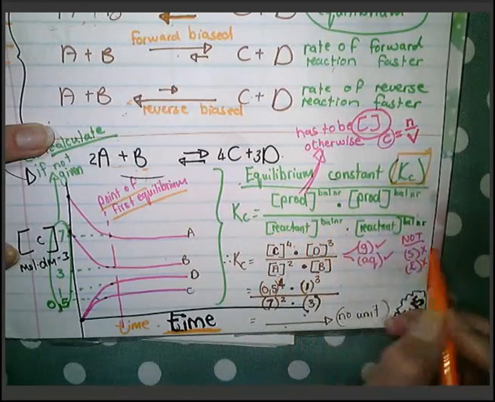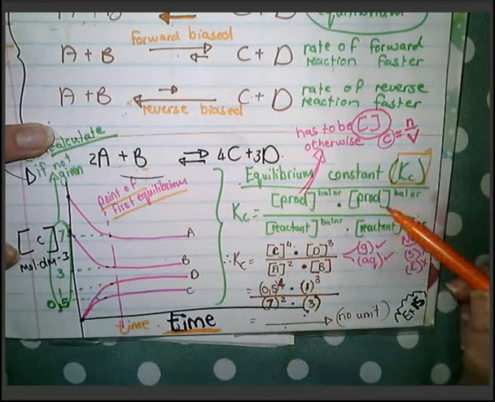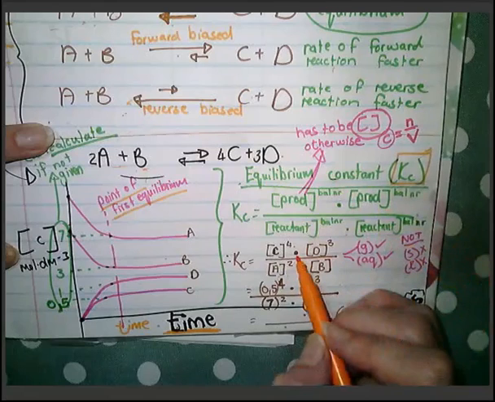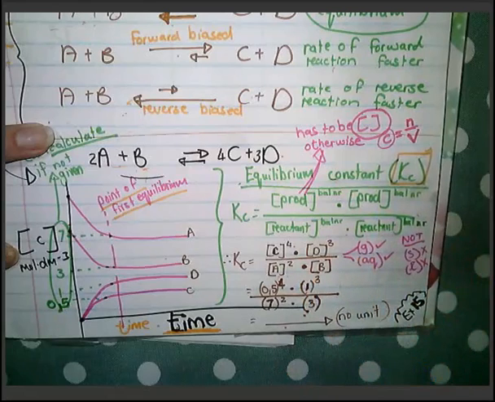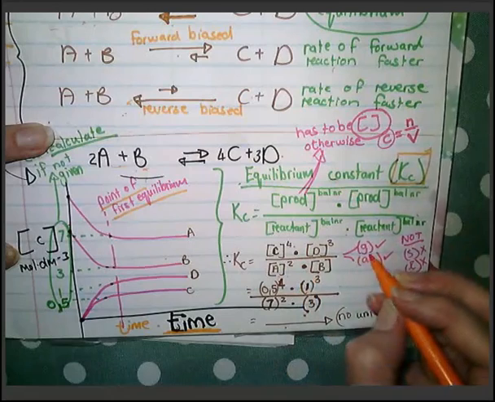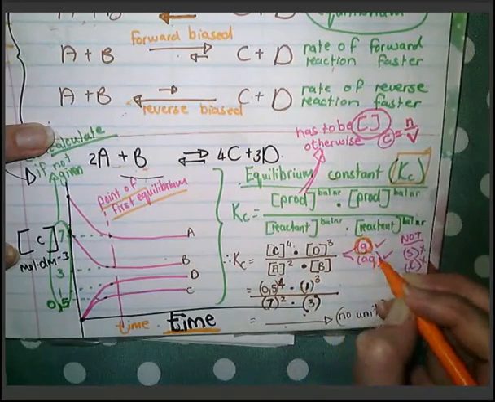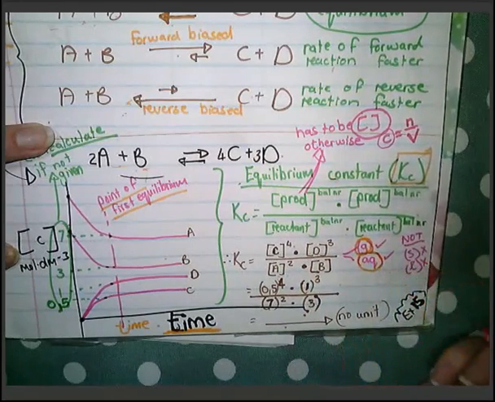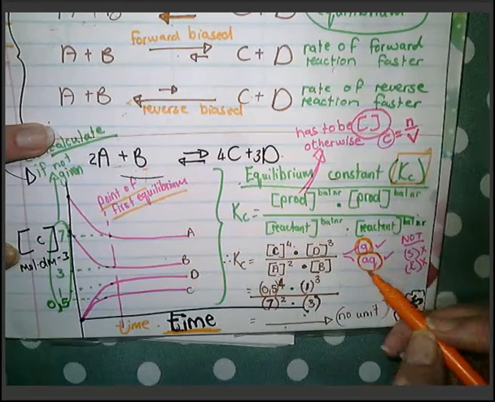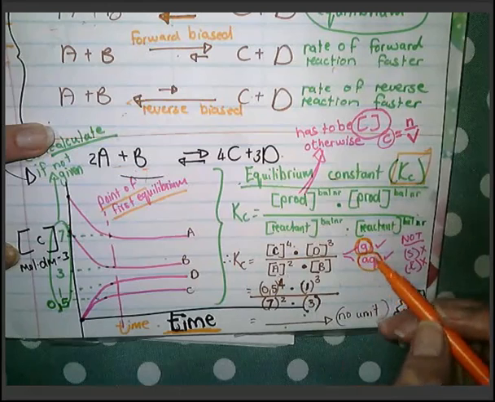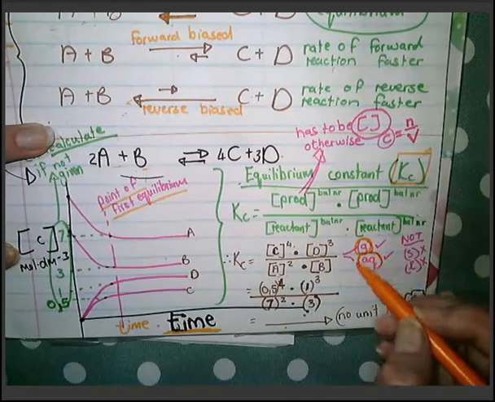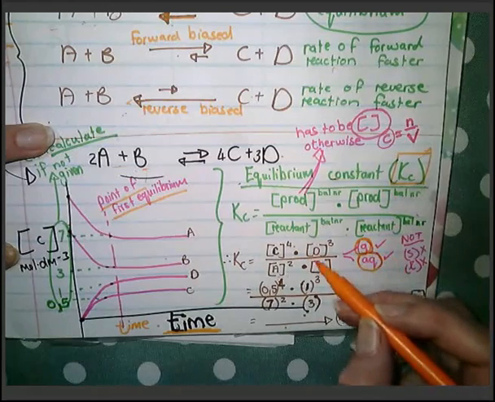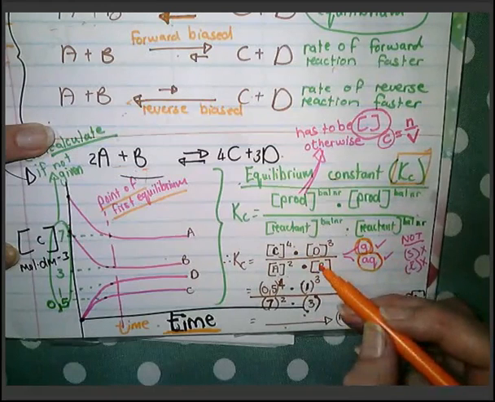And what's also important here, and you need to remember this, is that when you substitute, you only use gases and aqueous solutions. Only reactants and products that are in one of these two phases, only them you substitute into this formula.